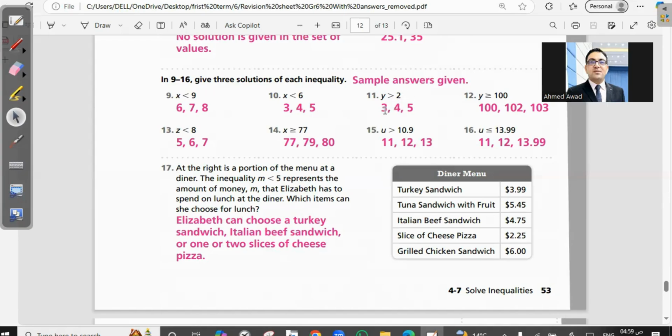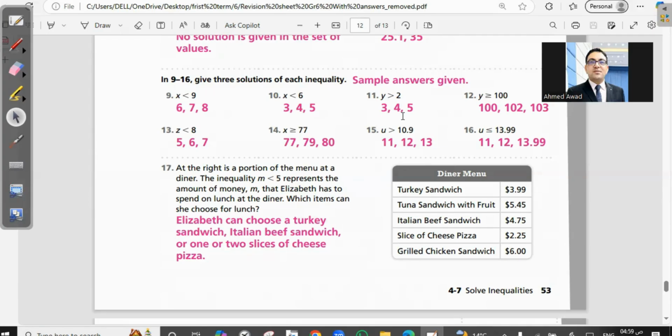So it's going to be 3, 4, 5, 6, 7, 8, and so on. If you have y greater than or equal to 100, he has an equal sign here, so is 100 included? Yes. So it's going to be 100, 101, 1 million, 2 million, and so on. So any number greater than or equal to 100 is going to be an answer here.